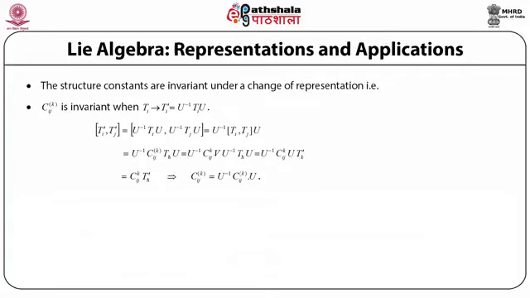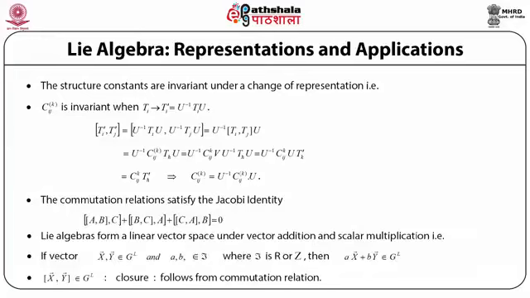Therefore this is equal to C_ij^k Tk'. But [Ti', Tj'], the commutator of the transformed generators, is equal to C'_ij^k Tk', which implies that C_ij^k is equal to U^-1 C_ij^k U, which means the structure constants are invariant under a change of representation.